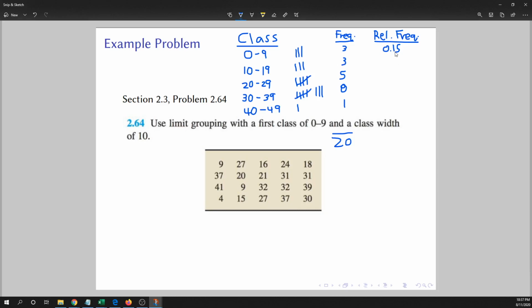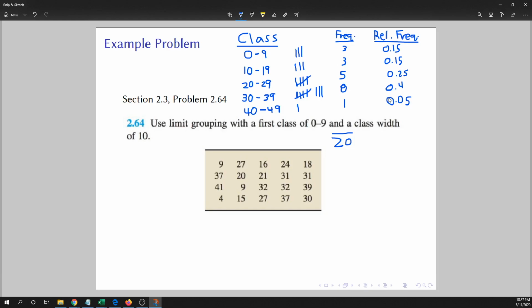So 3 divided by 20 again, 0.15. 5 divided by 20 is 0.25. 8 divided by 20 is 0.4. And 1 divided by 20 is 0.05. So there is our relative frequency distribution.